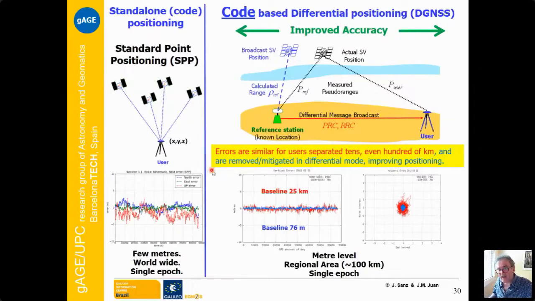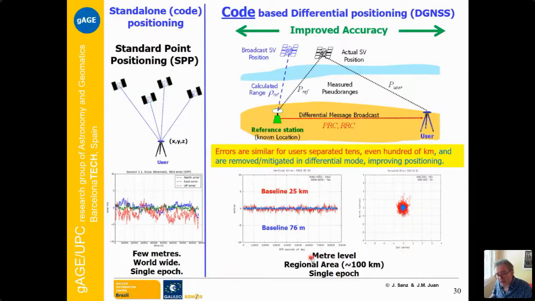And the idea, the mantra that we repeat and repeat, is that the errors are similar for users separated tens, even hundreds of kilometers in the case of code positioning, and they can be removed or mitigated in differential mode, but we have to expect some degradation with the baseline.